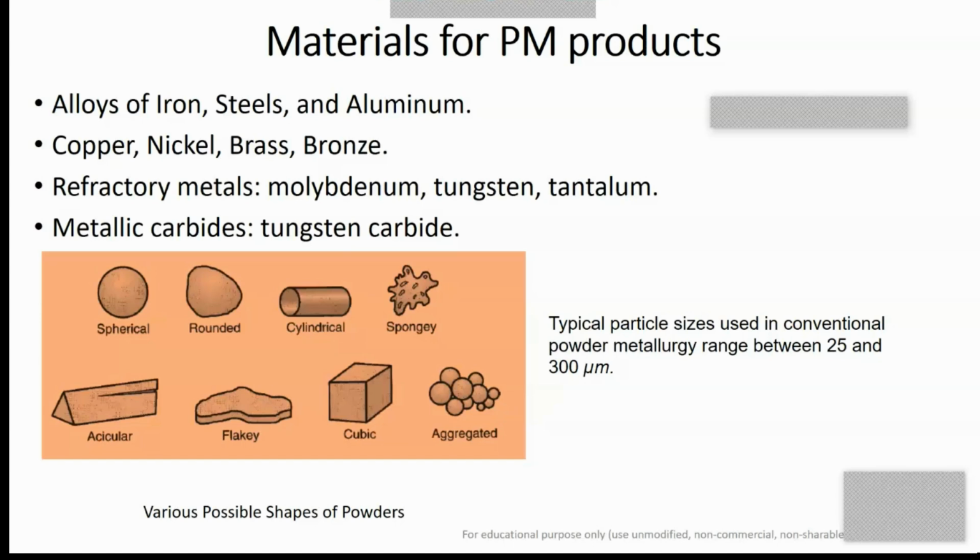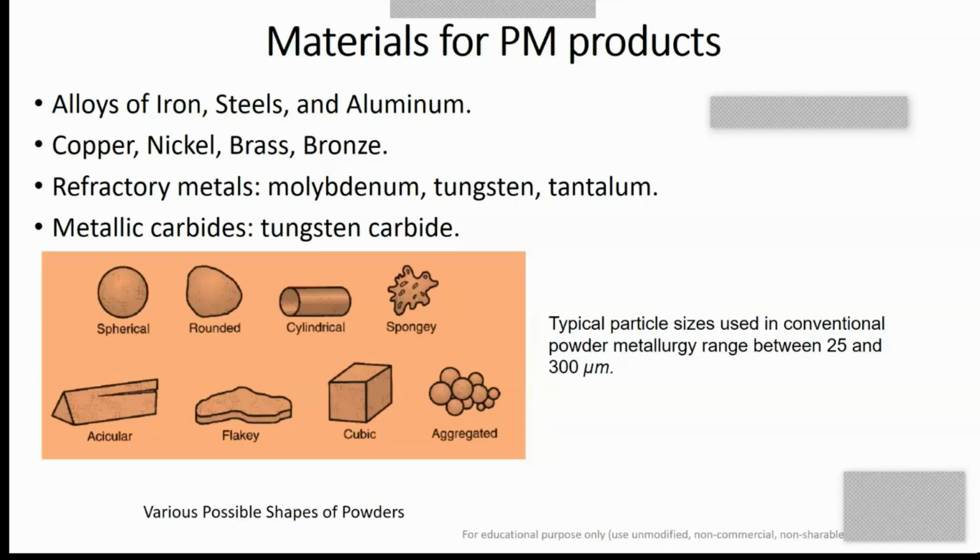When you see your powder under a microscope, then you can visualize its particle shape and size. With the naked eye, you can only see that it is a powder, but what the morphology, size and shape are, you can analyze only with the help of a high resolution, high magnification microscope.